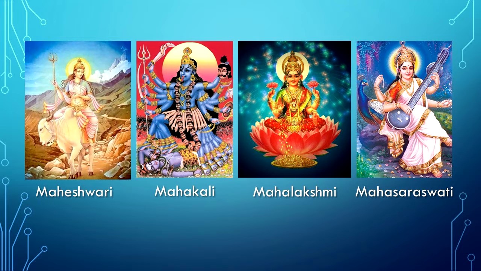Of course, Maheshwari represents Sat, the divine being, where consciousness views the divine being. Mahakali represents Chit Shakti, Chit Tapas, that tapas element of consciousness, which brings the element of the being into powerful formation.